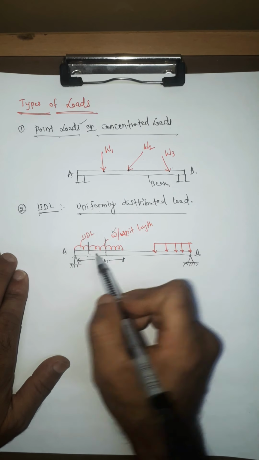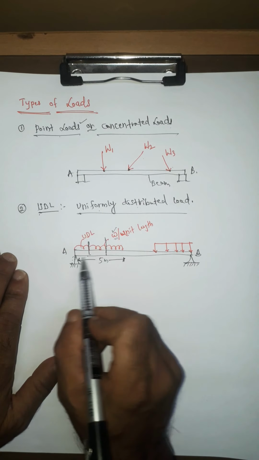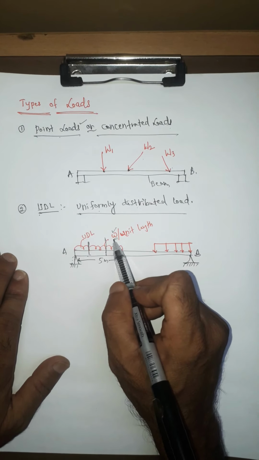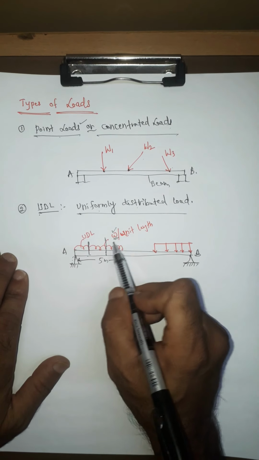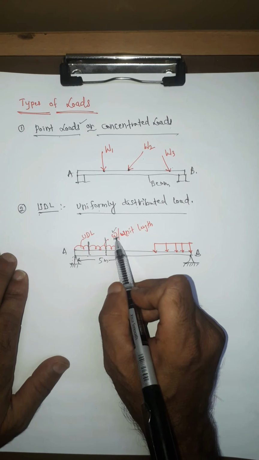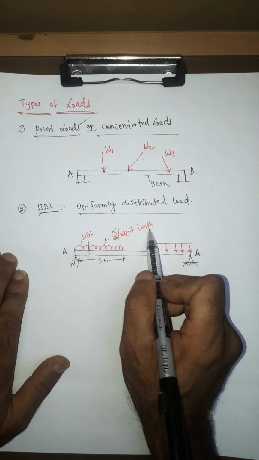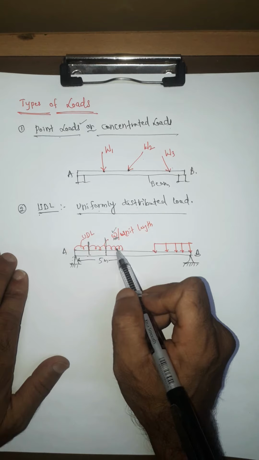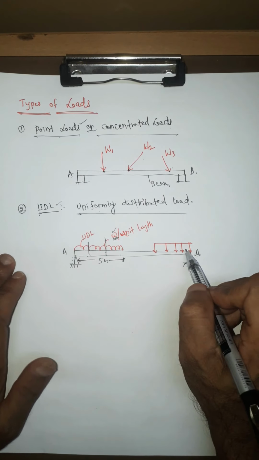Next 1 meter, again it is w. So throughout the length the intensity remains the same. It is uniform, that is w per unit length. So this type of load is called as UDL. This is also indicated like this.